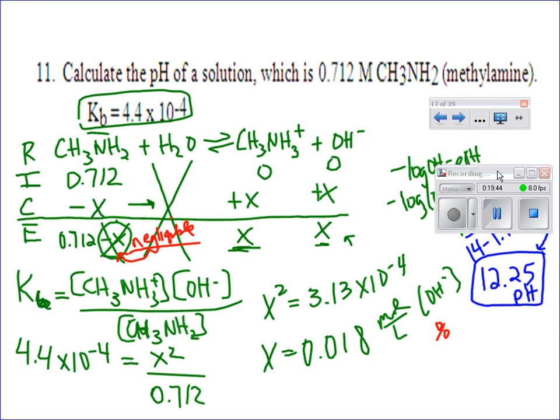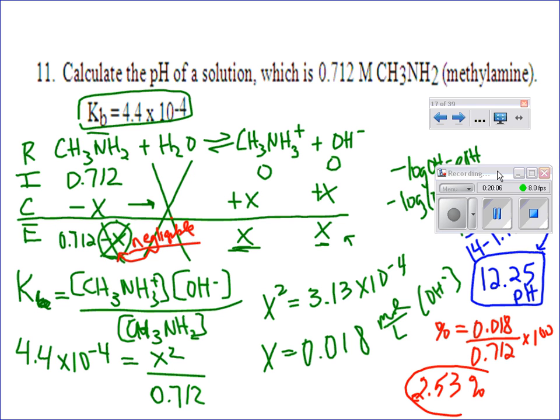To prove the negligibility, we're going to take part, which is x. Our x came out to be 0.018 over the original concentration of 0.712 times 100. And what is our percent? 2.53%.